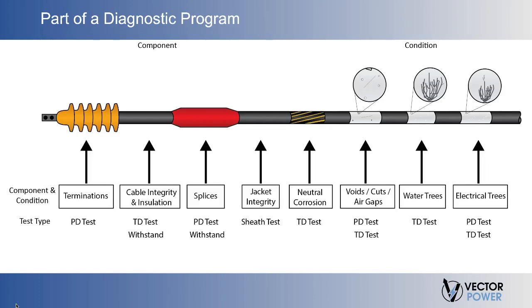For instance, for splices and terminations, partial discharge testing is an ideal test to determine if there is any activity or deterioration and breakdowns occurring in the accessories.